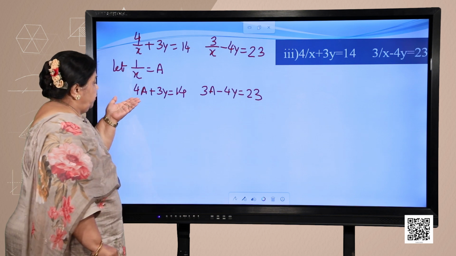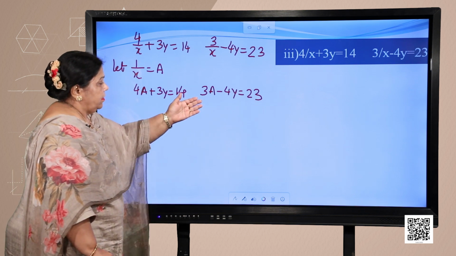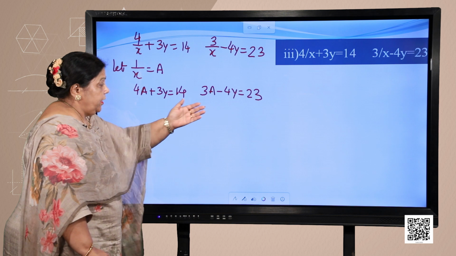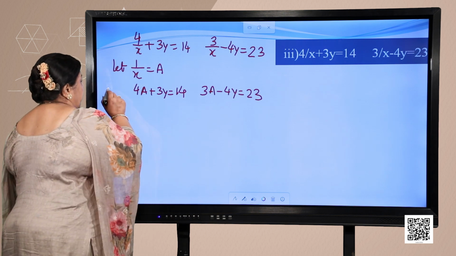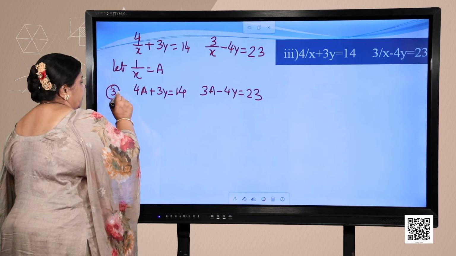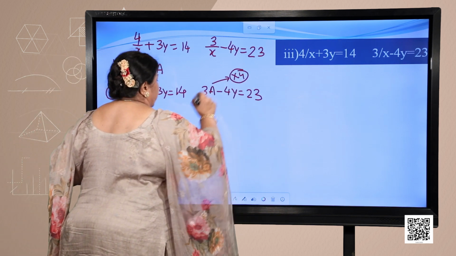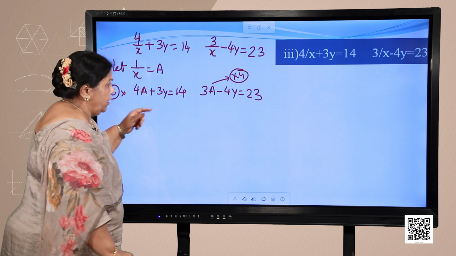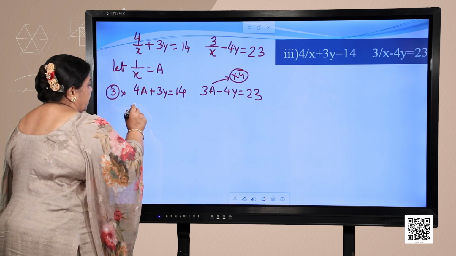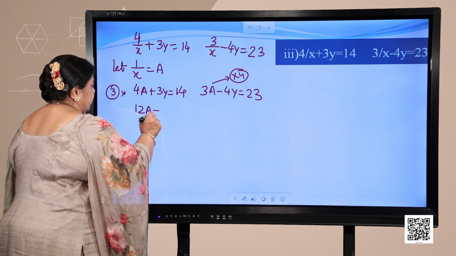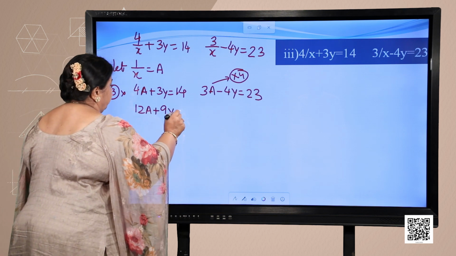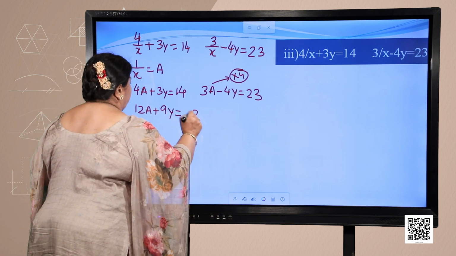Can you see the coefficients of a and y, sorry, are 3 and 4. So, if I multiply the first equation by 3 and second equation by 4, I think I can make the coefficients of a equal. Yes, 3 4s are 12a plus 3 3s are 9y is equal to 42.